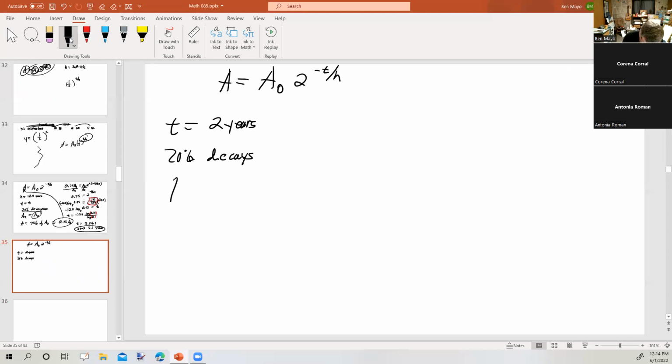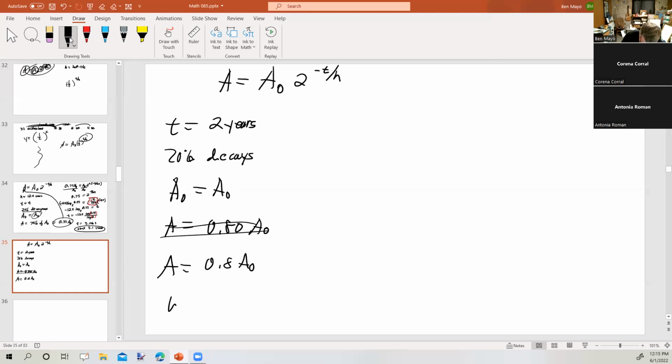We don't know the starting amount. We don't know the ending amount, but we know that 20% decays, so the ending amount would be 80% of the starting amount, which I could just write as 0.8 a sub 0.